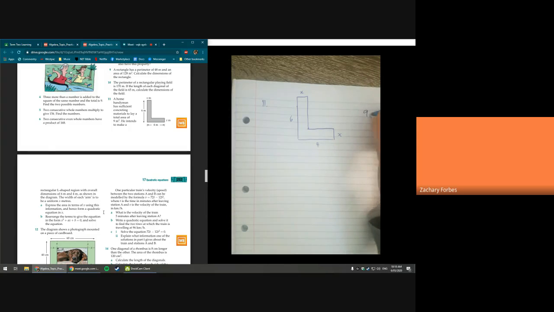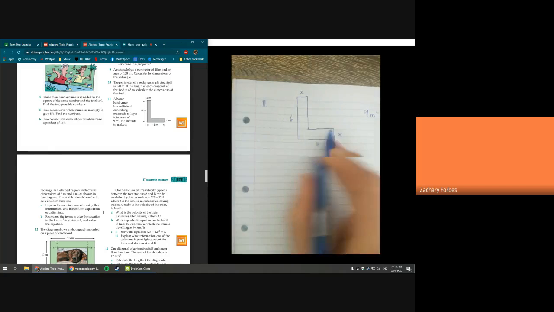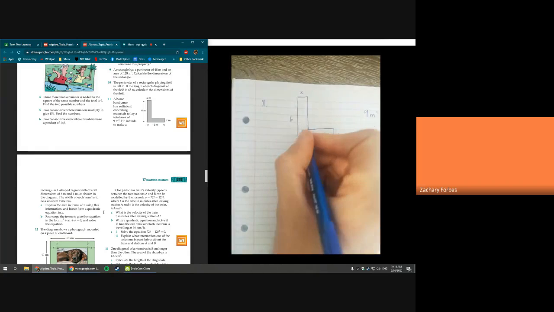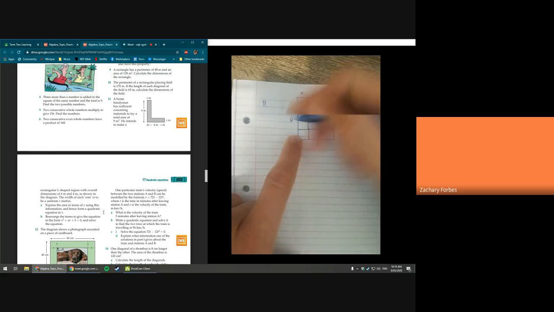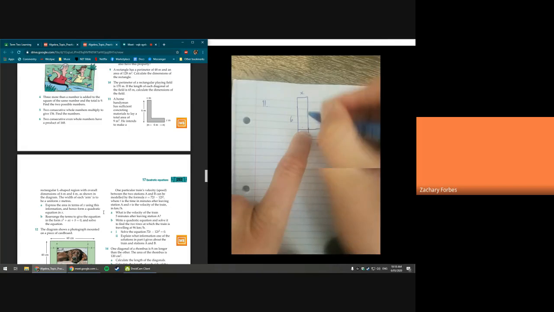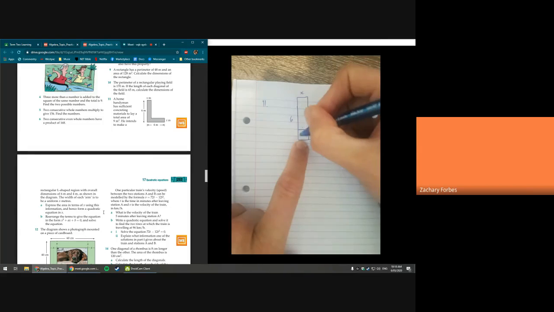Now, this picture is kind of hard to look at, but when I do this, we can now start thinking about areas, because we know that that's x, so we know that this is x as well. So the area of this little bit is x squared.